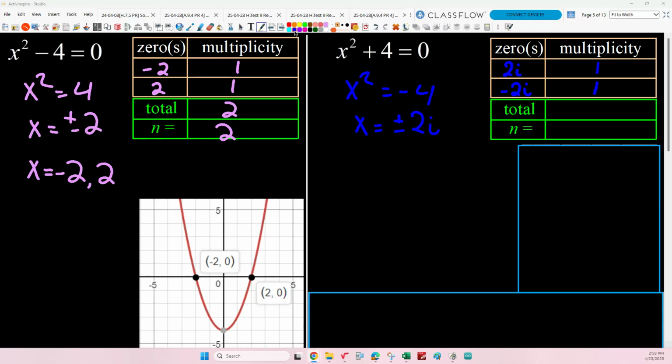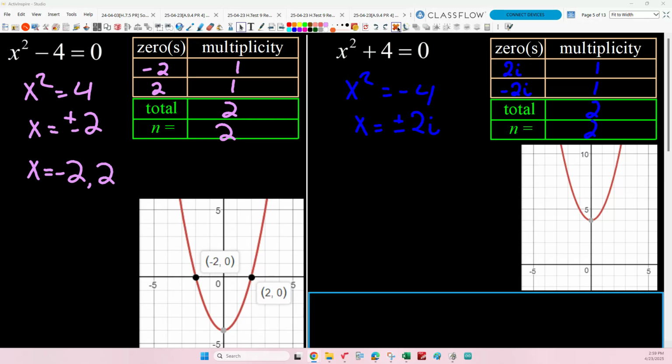What's the total number? What's my n? There we go. What about the graph? It's going to open up. Imaginary axis. Yeah. So if they're imaginary, does that cross the x-axis? No. So it's going to be hovering above it, because the x-axis is down here. That's not going to touch it. How do we feel with that so far? Okay.